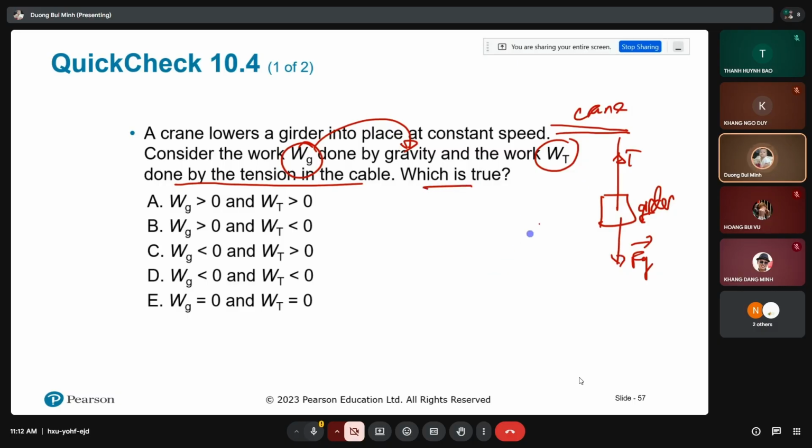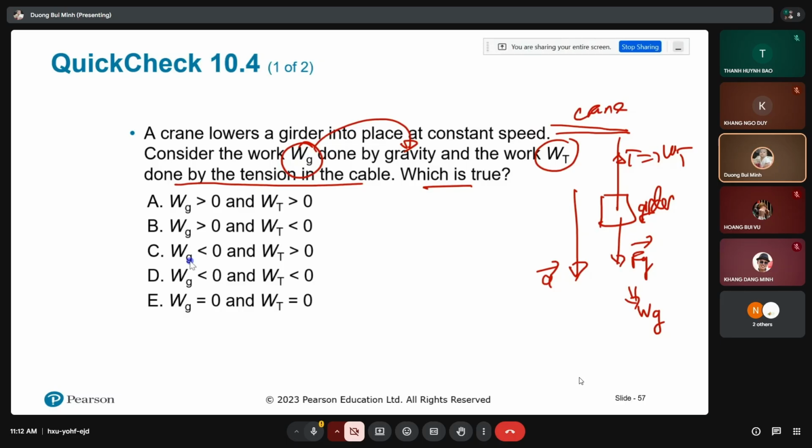We need to calculate and remember the moving directions in this one, right? Here you can calculate the work from the tension and the work from the gravity. So the work for gravity must be negative. Now your answer please.